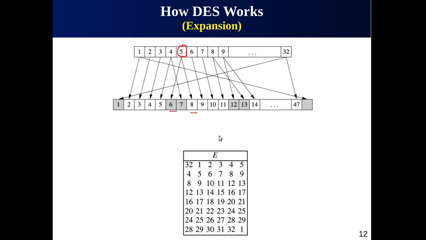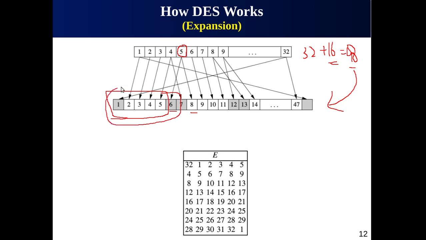As given in the table, you can see that exactly 16 of the 32 bits appear twice in the output. How? 32 plus 16 gives 48 bits. So in the output we have 48 bits. It means that 16 bits appear twice, and this makes the diffusion behavior of DES better, or it will increase the security of DES. However, it is important to note that an input bit will never appear twice in the same 6-bit output block. This is one block.